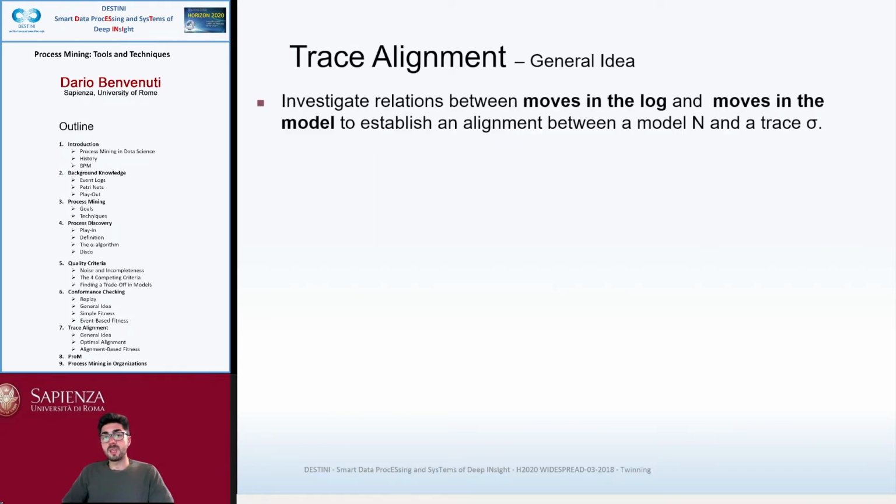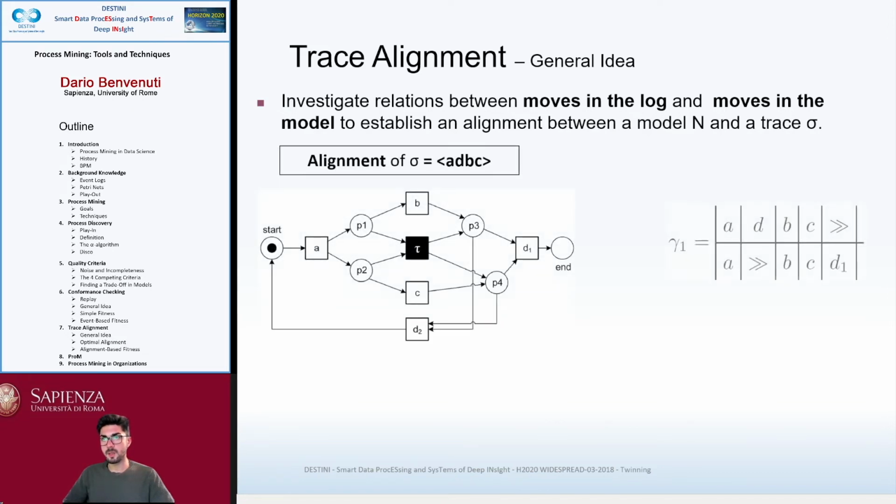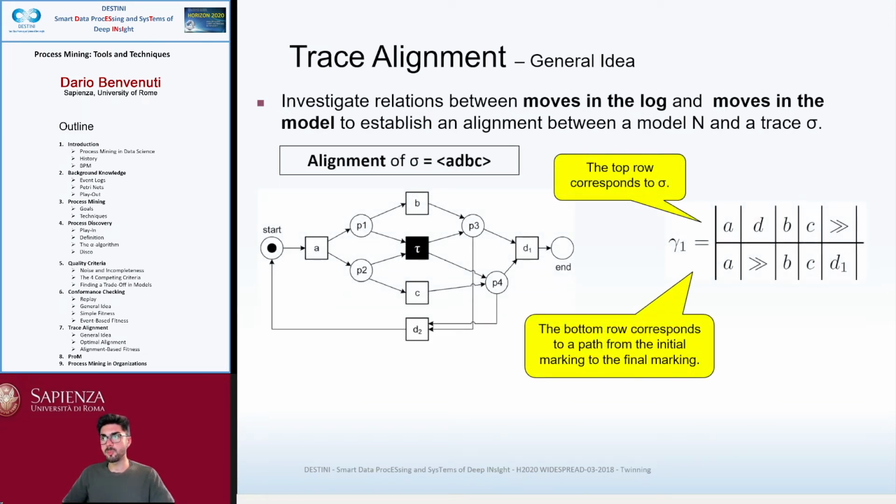The main technique used to perform conformance checking is trace alignment, which investigates the relations between moves in the log and moves in the model to understand if they align well. So here, for example, we can look at a trace.